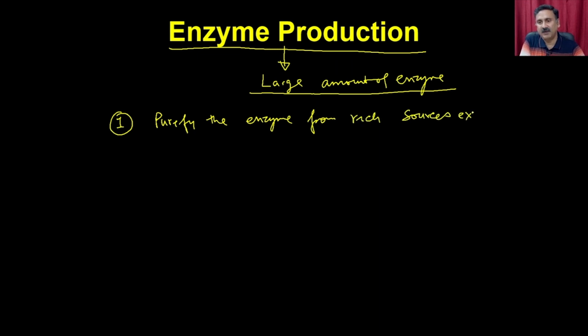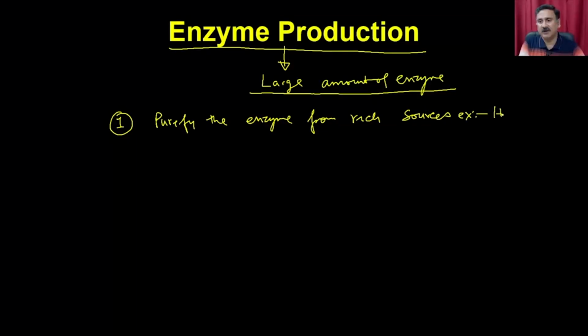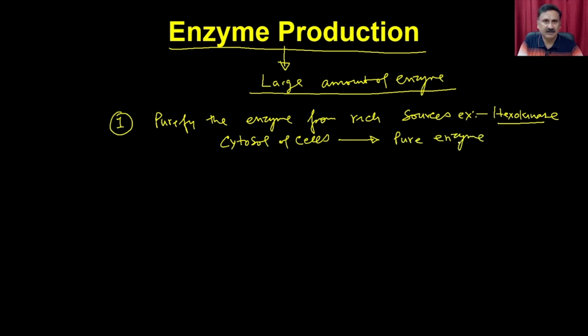For example, if I have to purify an enzyme of glycolysis, for example hexokinase, then I can just isolate the cytosol of a cell, and then I can use different types of conventional chromatography techniques to get the pure enzyme. The same is true for many other enzymes, like lysozyme or lipase.